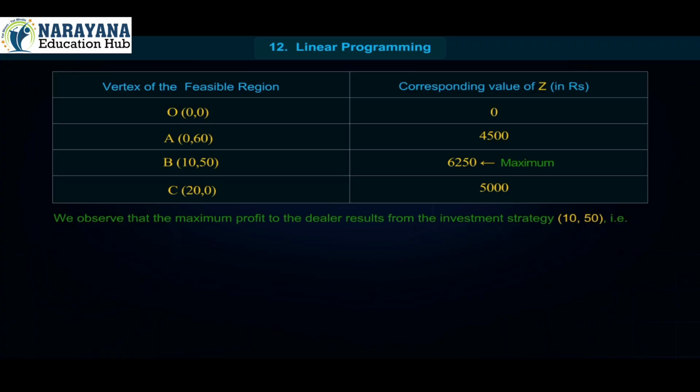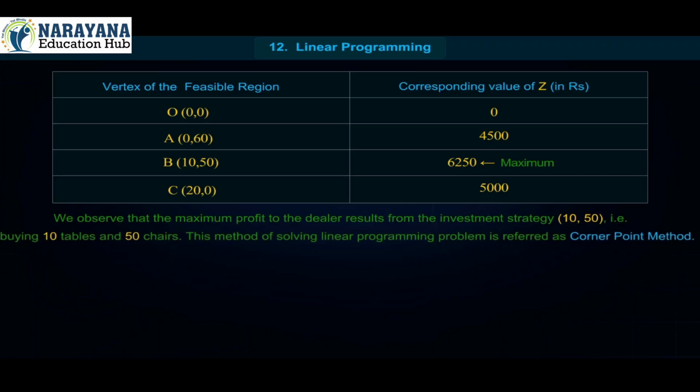We observe that the maximum profit to the dealer results from the investment strategy (10, 50), that is, buying 10 tables and 50 chairs. This method of solving a linear programming problem is referred to as the corner point method.